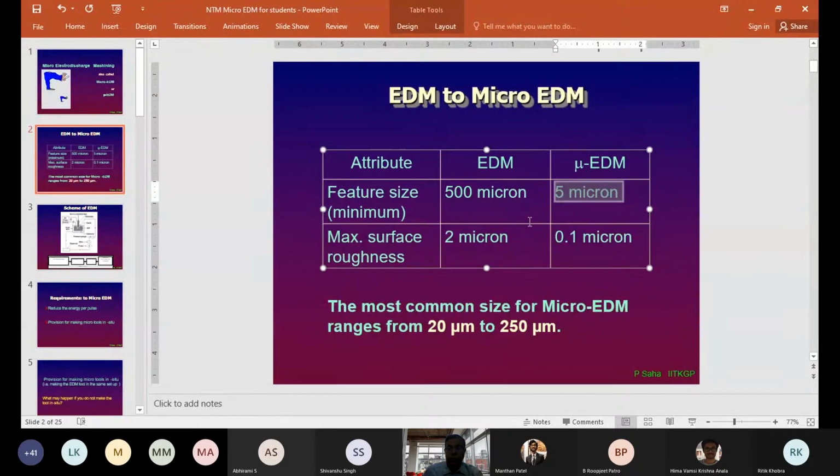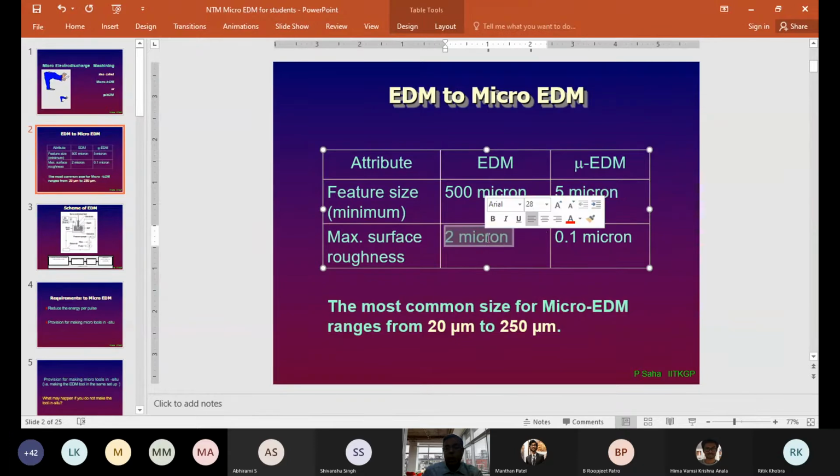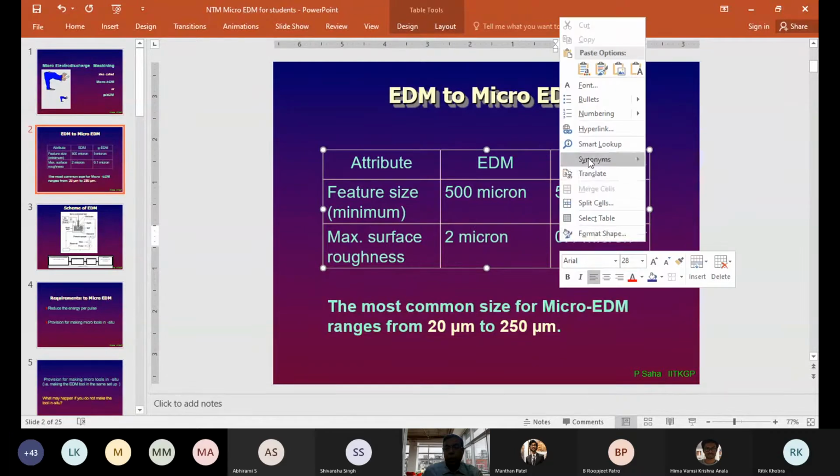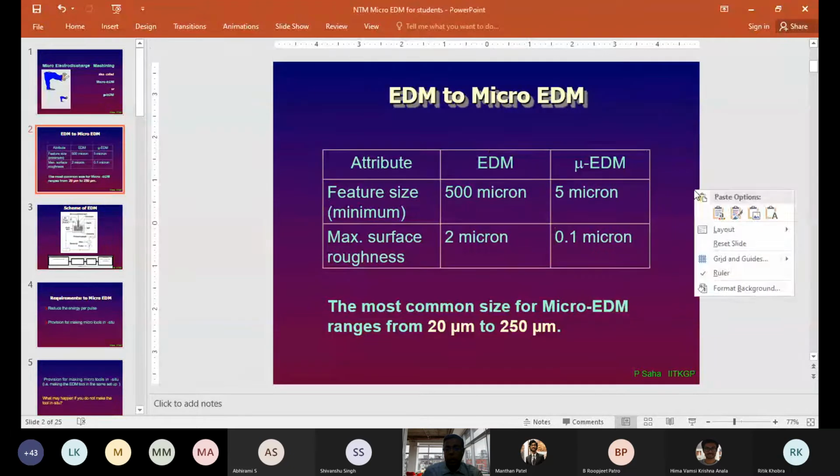One micron is one thousandth of a millimeter. The maximum surface roughness we are trying to achieve is around 0.1 micron, whereas for bulk EDM it is around 2 micron. So it's really much smaller.